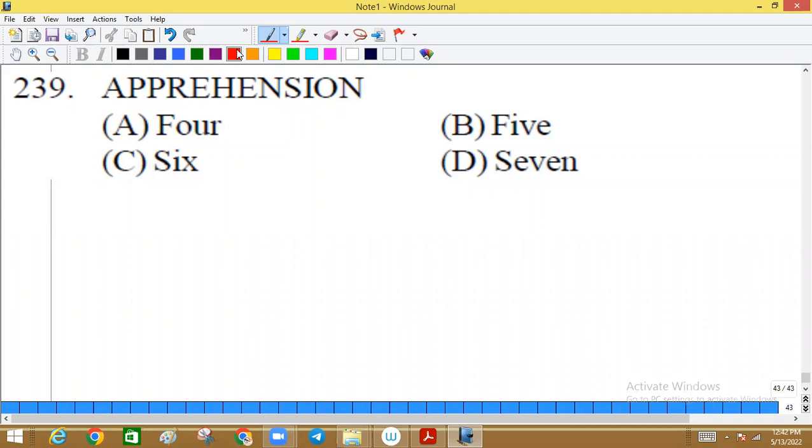For option A, no. So you have to check both forward and backward also. Keep that in mind. 5.